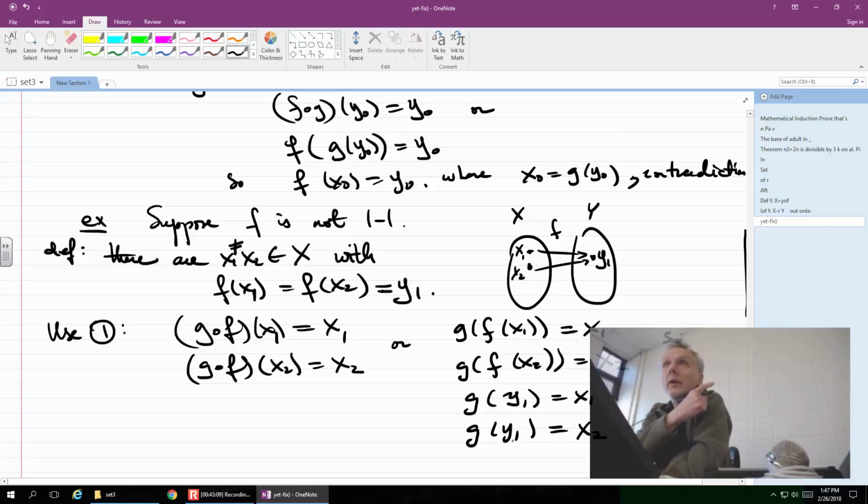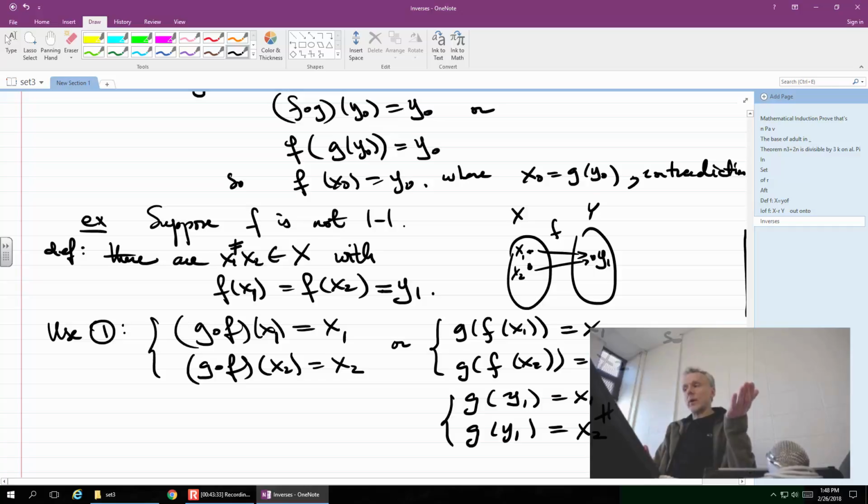So you see the contradiction? That's right. A contradiction because x1 is not equal to x2. It's the same on the left-hand side, the same g of y1, but the outcome on the right is not the same.